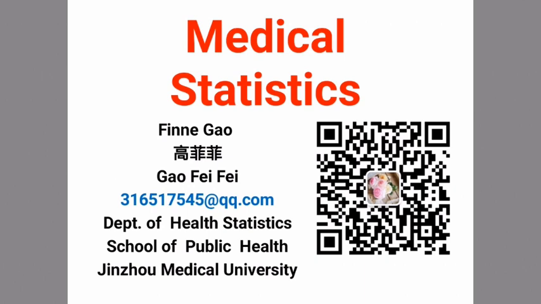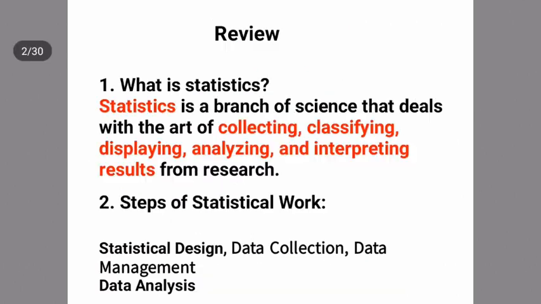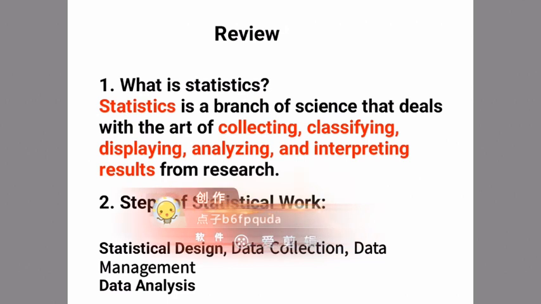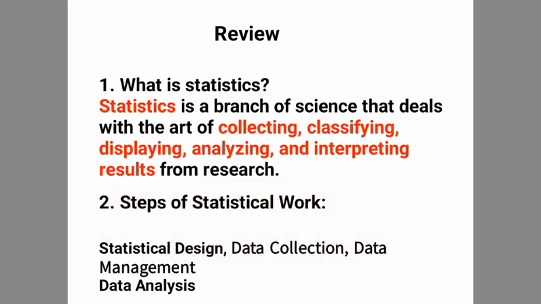Last class, we completely discussed the definition of statistics and the steps of statistical work. We have known that statistics is a branch of science that deals with the art of collecting, classifying, displaying, analyzing, and interpreting results from research.